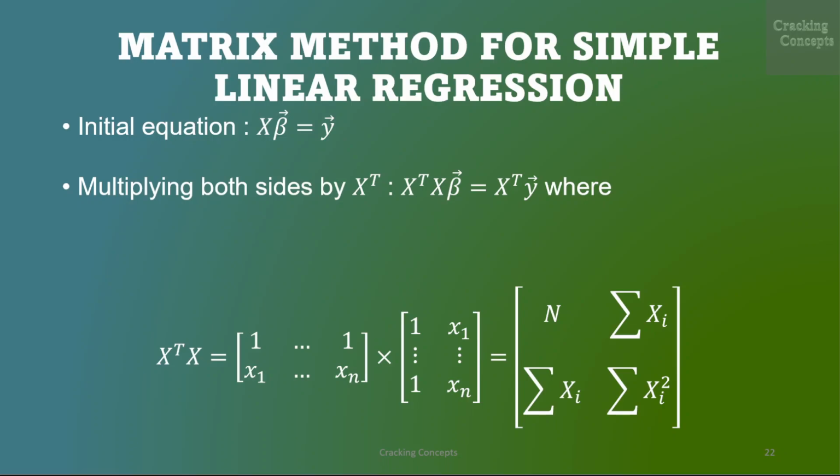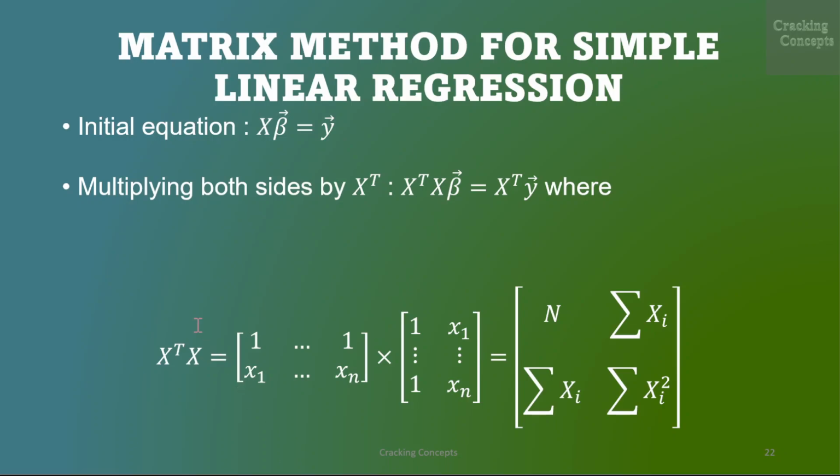Now let us look into the initial equation, which was X beta vector is equal to y vector. Now we'll multiply both sides by X transpose, which will give X transpose X beta vector is equal to X transpose y vector, where X transpose X will be given by multiplying those two matrices.